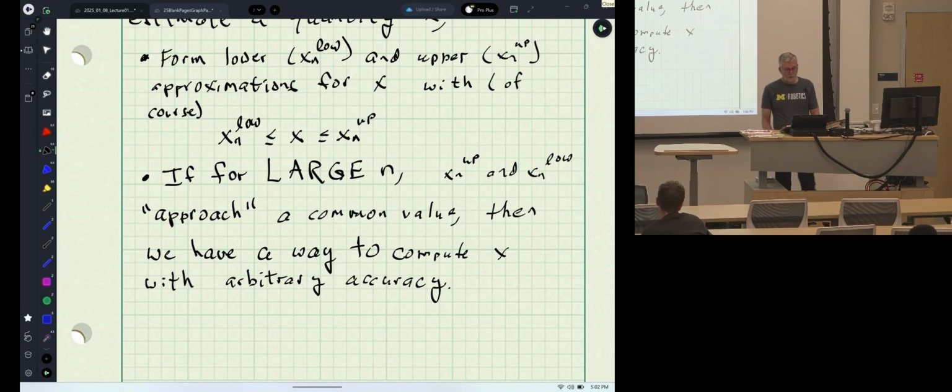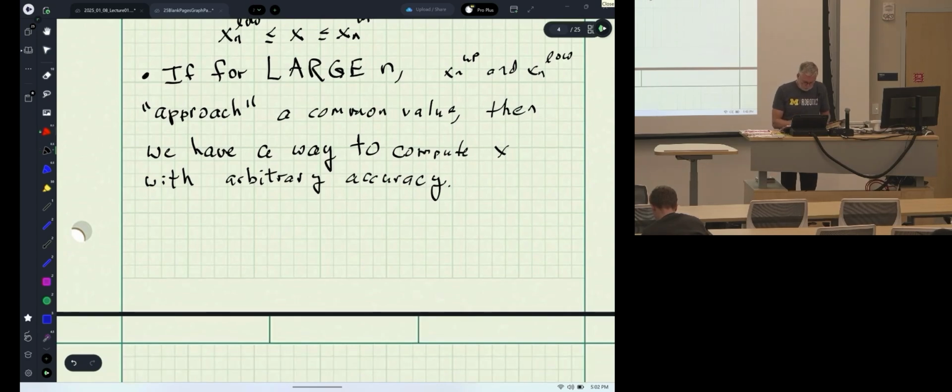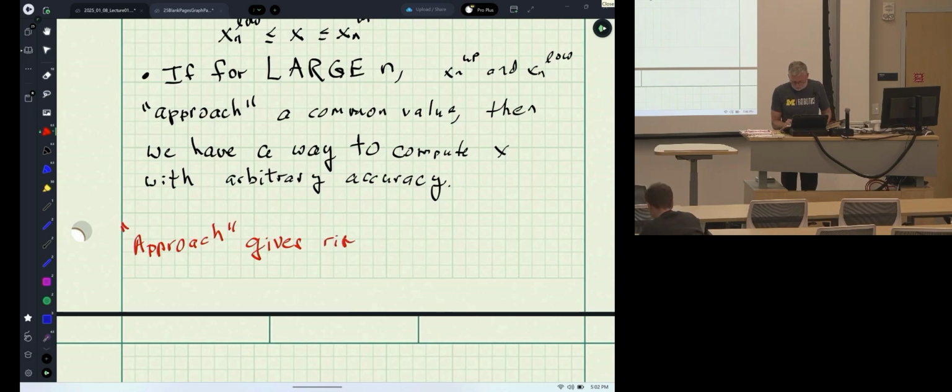And for the first part of the course, roughly the first 3 weeks or so, this simple principle is it. Now we have to get a little bit more precise on how we do the estimations, what the word approach means. So approach gives rise to the formal definition of limits.